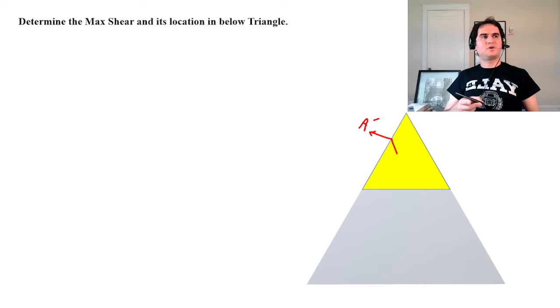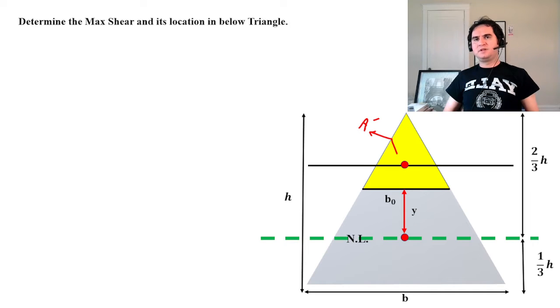Q is A prime times y bar prime. First of all, we need an element which stands at a distance of y from the neutral line, which is the centroid for the whole triangle.